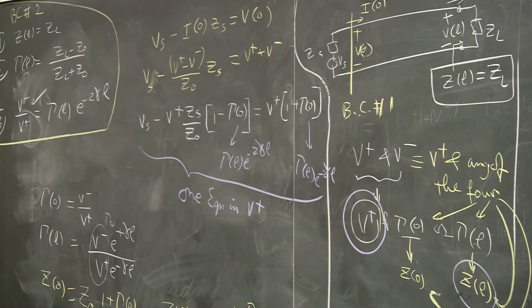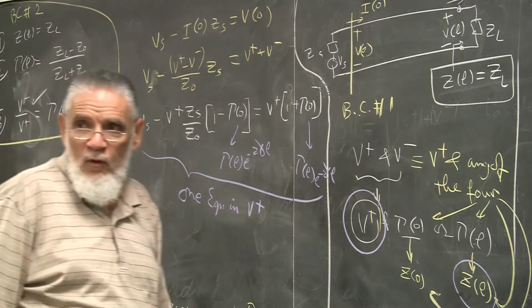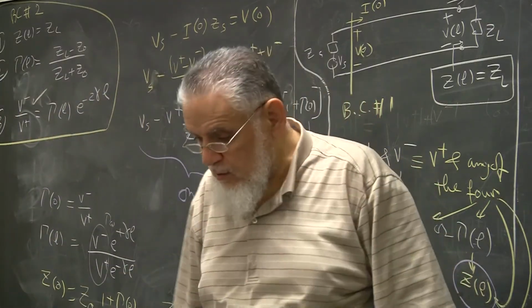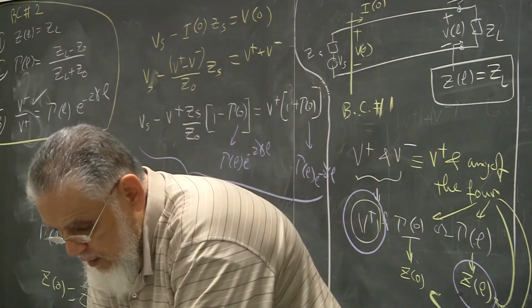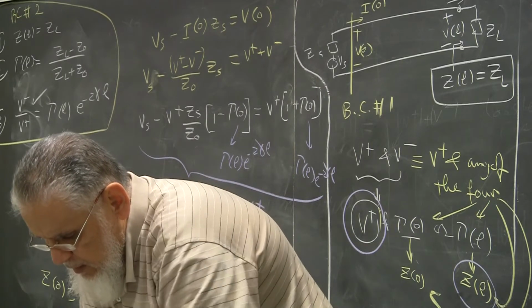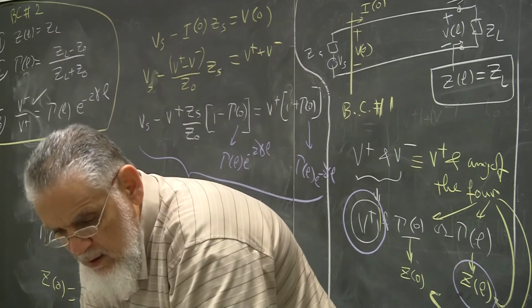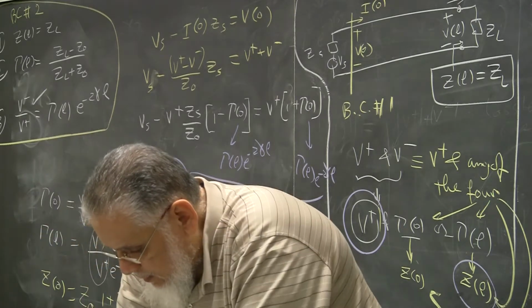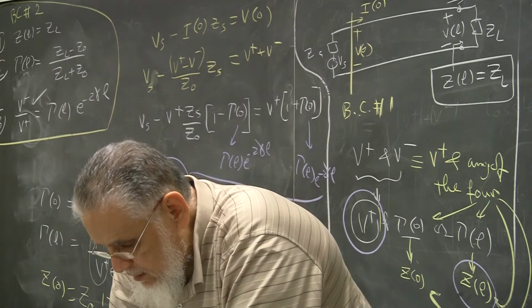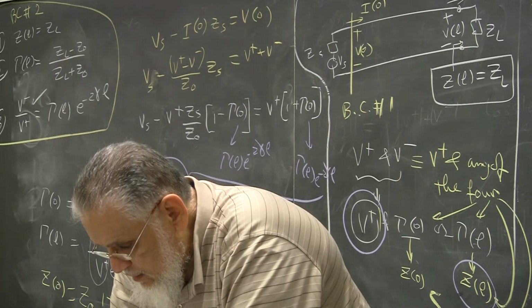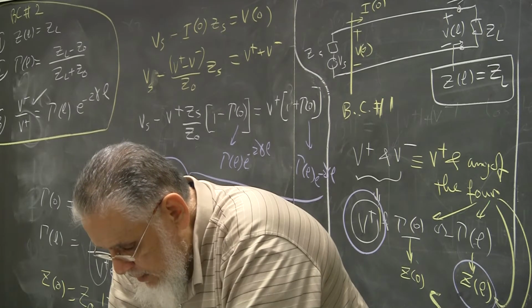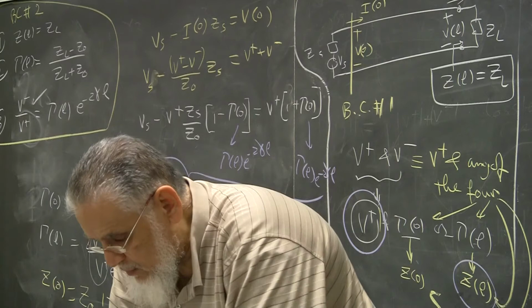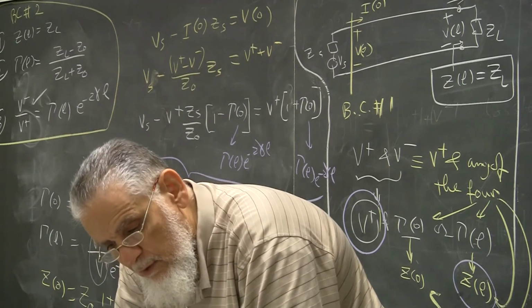Well, as it turned out, obtaining V plus is cumbersome. The equation is very involved, not nice looking at all. The expression for that is on page 17 of the chapter. You can see the equation is not that simple.